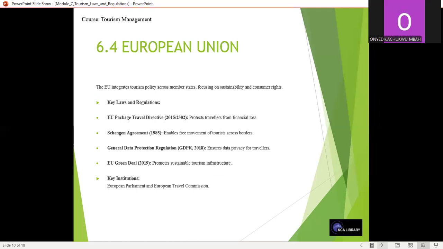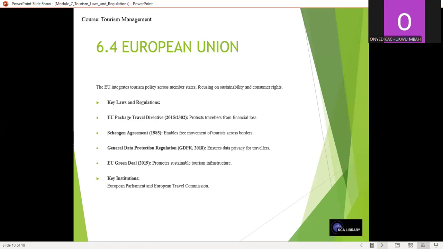Here we have the European Union. The EU integrates tourism policy across member states, focusing on sustainability and consumer rights. So what are the key laws and regulations? EU Package Travel Directive 2015/2302. We have the Schengen Agreement, 1985, which enables free movement of tourists across borders.